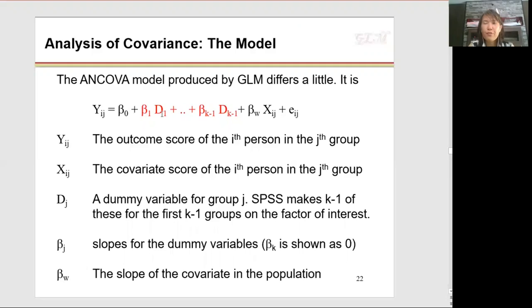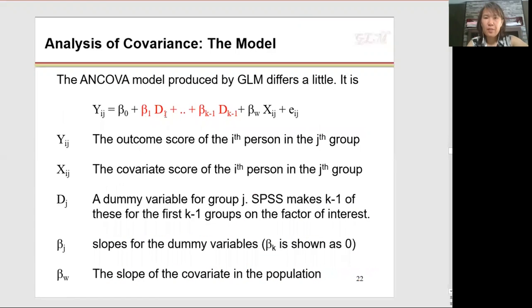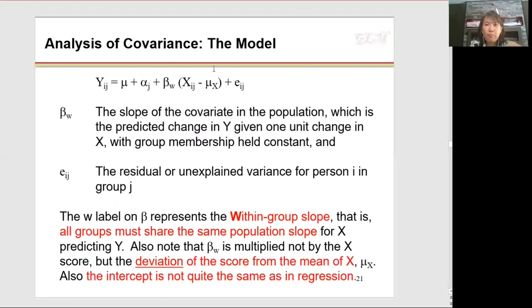If you have urbanicity, G10 urbanicity, so beta 1 D1 is urban, beta 2 D2 is suburban. This is a G10 urban categorical variable, but you can split this into dummies. And then this is it. This is the same as this.